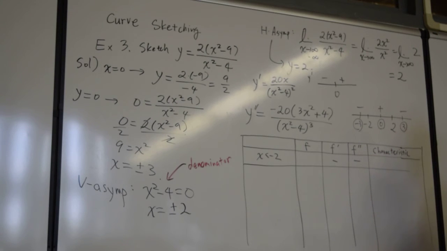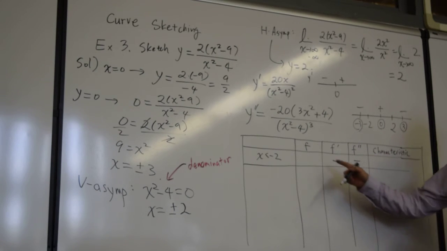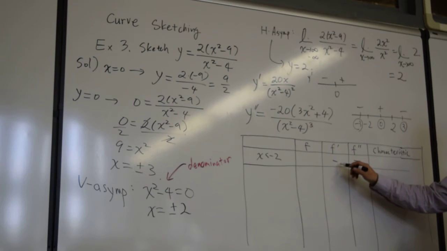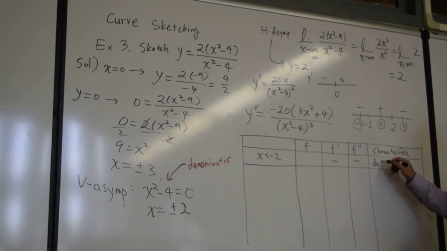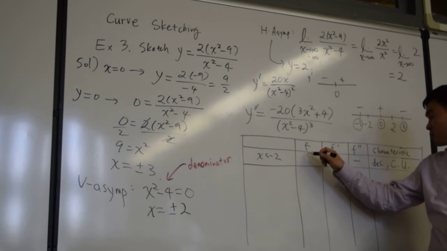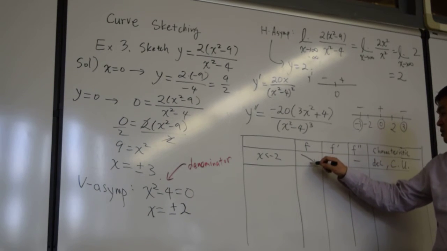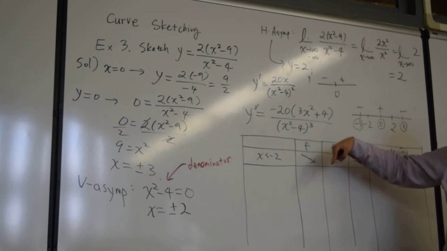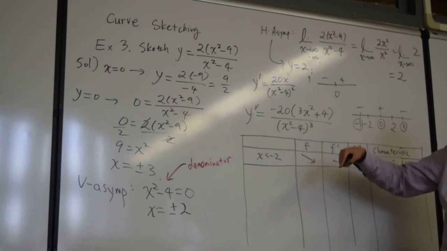Negative, right? So what's the characteristic of the function f? This means it's decreasing. And this means, I'll just put C, concave up. Now how would you make the shape? It's decreasing. Concave up means you're pushing this from above.